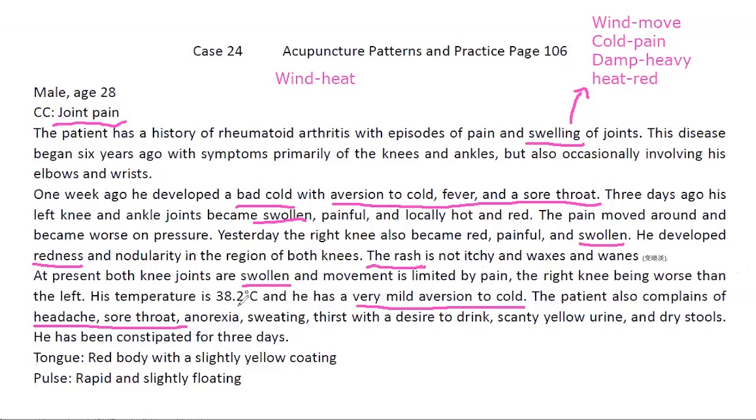And the nodules here, what do you think about the nodules? Usually, nodules can be caused by phlegm, maybe blood stasis, but generally we say it's obstruction, blocking obstruction. Flowing fluid and heat in the local area are blocking there.